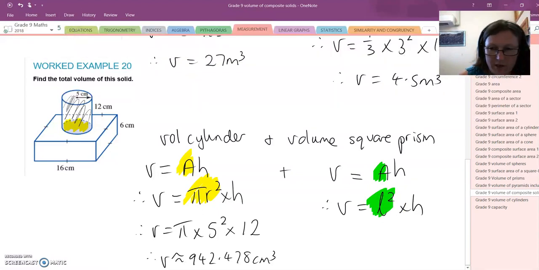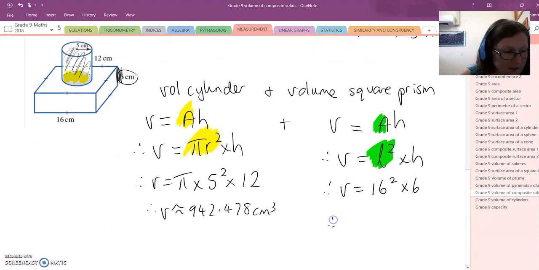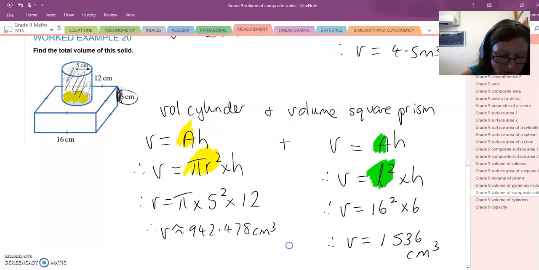So V is equal to 16 squared, because the length of the base is 16, and then I times it by 6 because the height of this prism is 6. I put that into my calculator, and the volume is 1536 centimeters cubed.